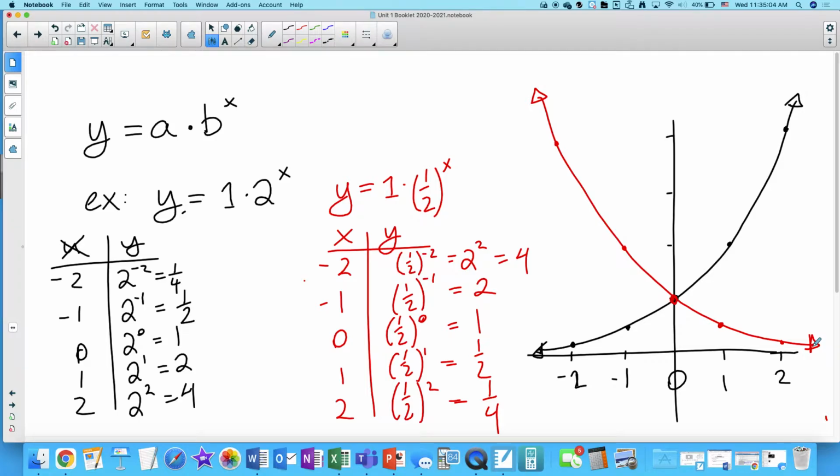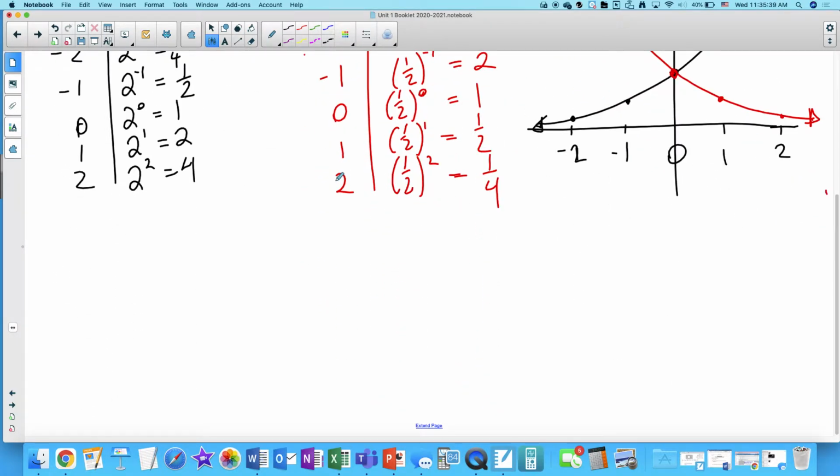But when we multiply repeatedly by something between 0 and 1, and keep halving, we're going to get really, really small. So what we're especially interested in is the base value, because that tells us what the shape of the graph is going to look like. Is it going to look like the black one or the red one? That's one thing we considered.